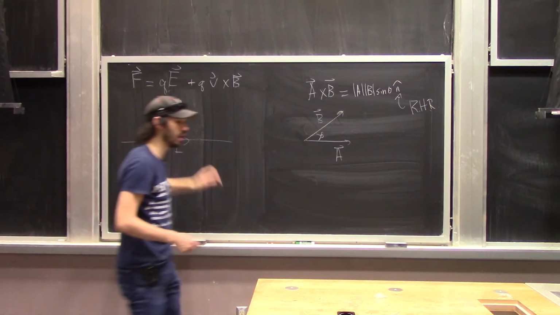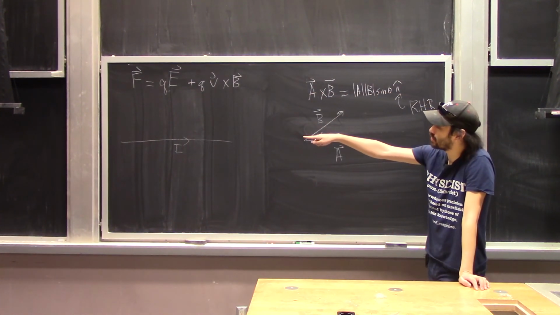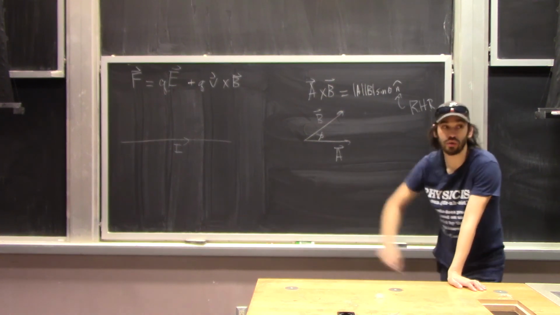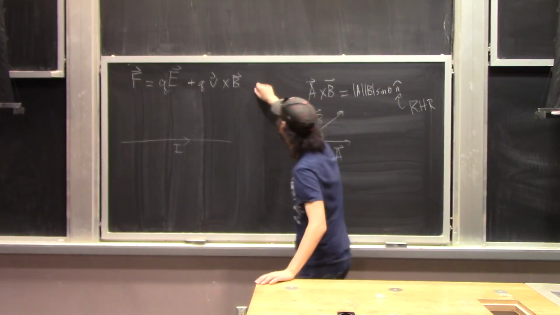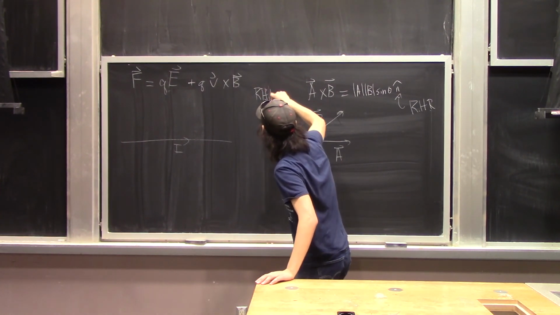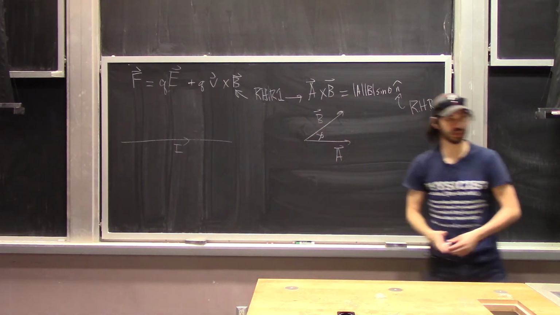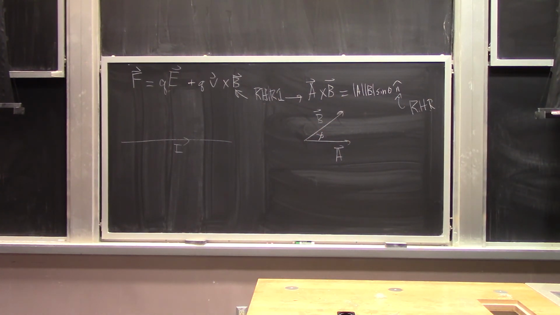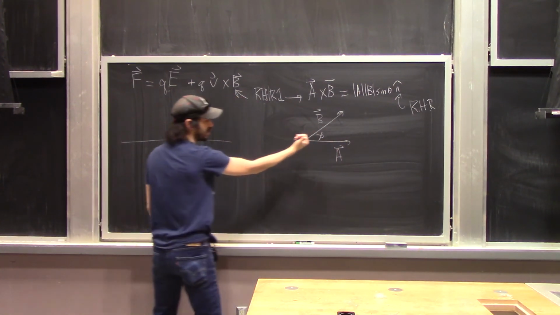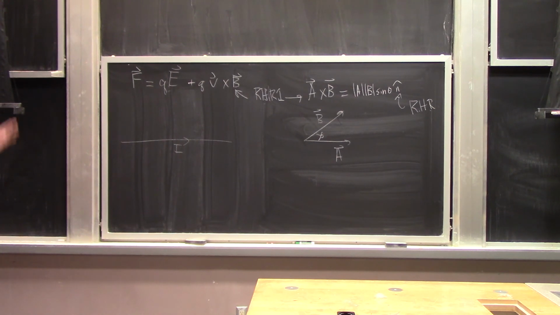Again, this was another form of the right-hand rule that we used to determine the direction of the magnetic field. This is what in the video I had called right-hand rule 1, HR1, corresponding to this right-hand rule. Take the fingers of my right hand, point them in the direction of the first vector, curl them in the direction of the second vector, and the thumb points in the direction of the normal vector.